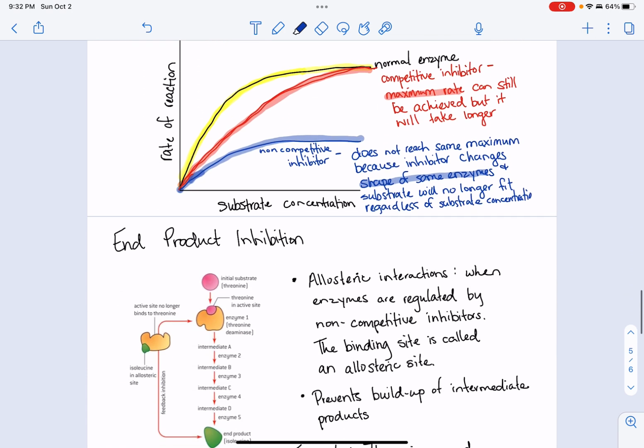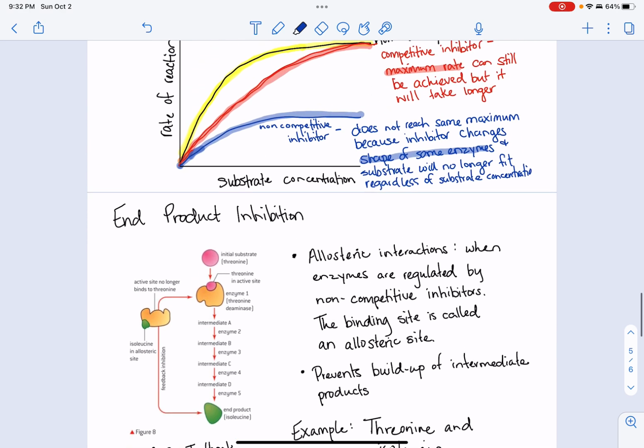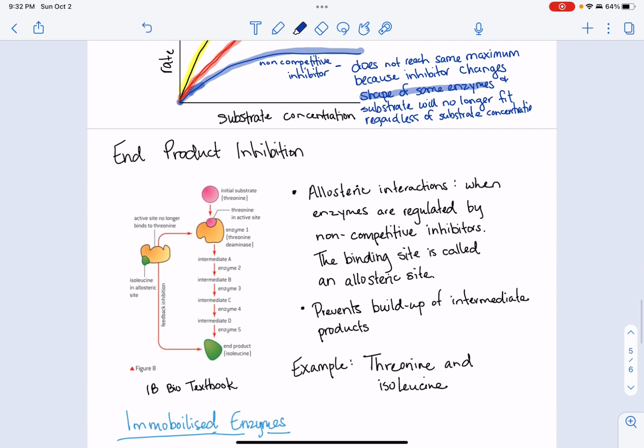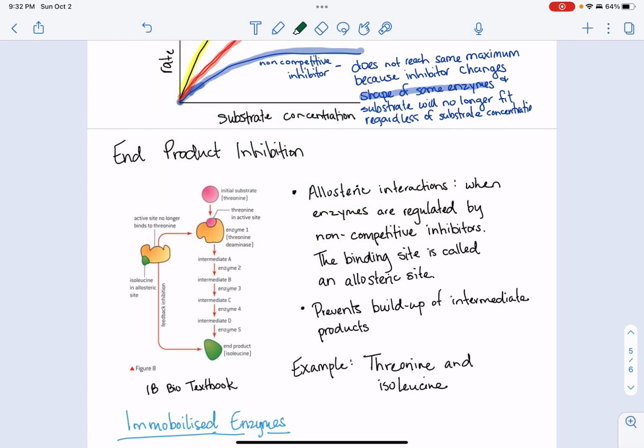Okay. All right. Second to last thing we need to talk about, it goes along with inhibition. A lot of times in organisms we have this thing called end product inhibition, and this is a way to kind of naturally inhibit metabolic reactions.